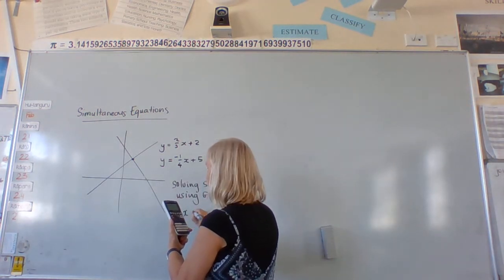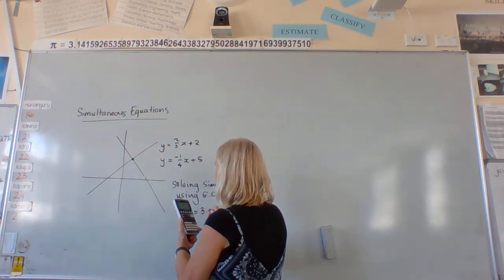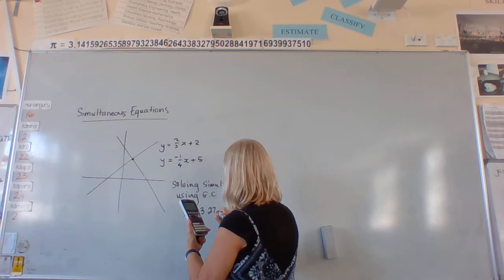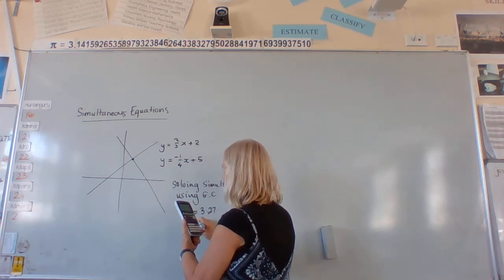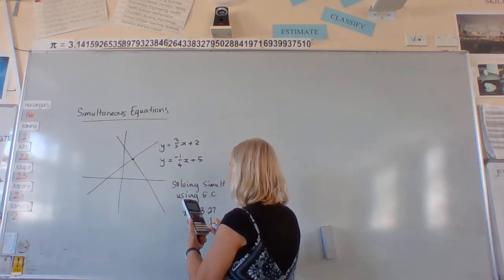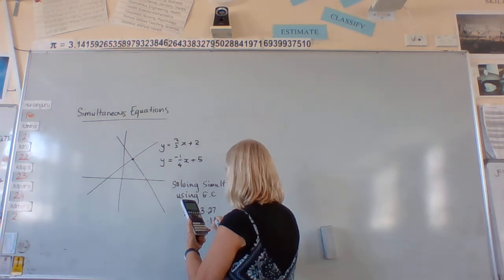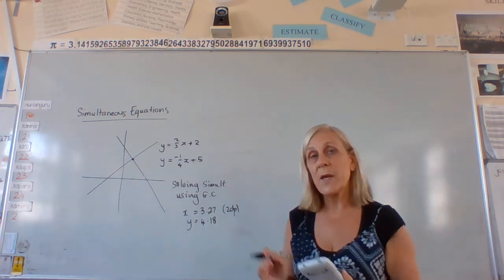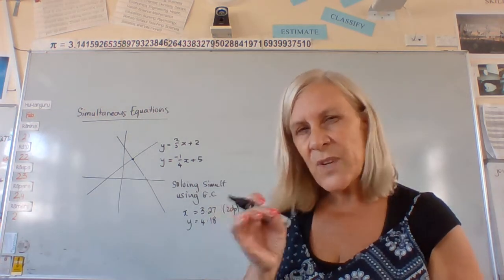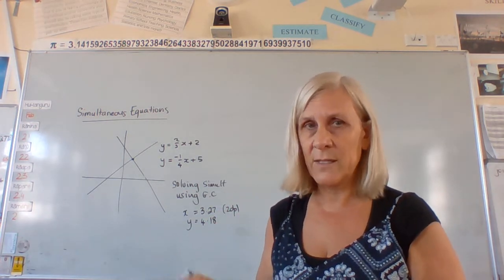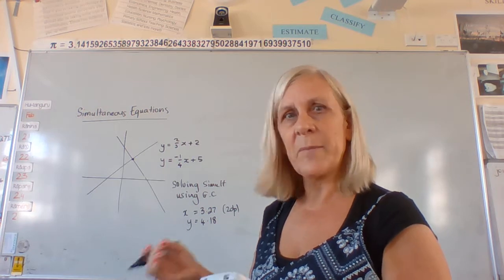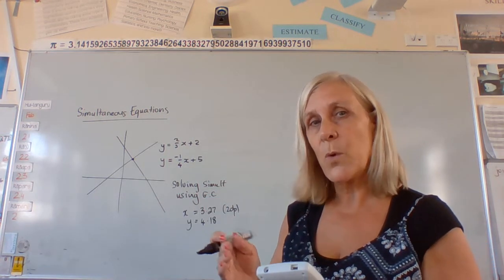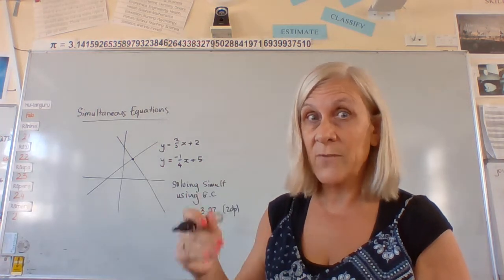and it's really horrible. It's 3.272727. So we'll just write 3.27 for the moment, and y equals 4.18. So those are to 2dp, which is fine if we're talking about money or something like that. We have to read and think about whether it could be an answer, because if it's like how many people, we don't get 4.18 people, so we might have to pull it back to 4, or say somewhere between 4 and 5 people.